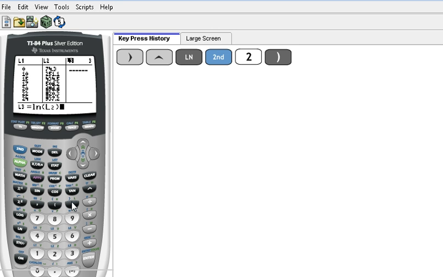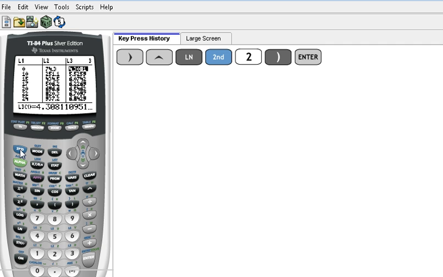That is the list containing the E values. When I hit enter, the natural log of each of the entries in L sub 2 is copied into the same entry in L sub 3. So now we're going to go back and work on creating a scatter plot of L1 versus L3.